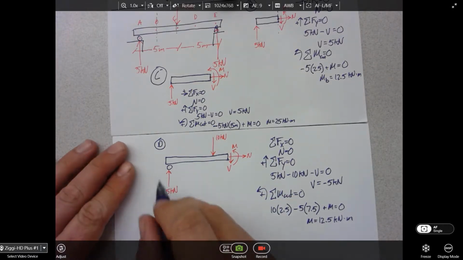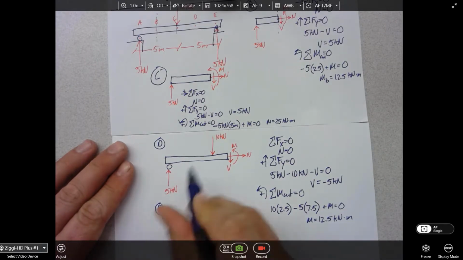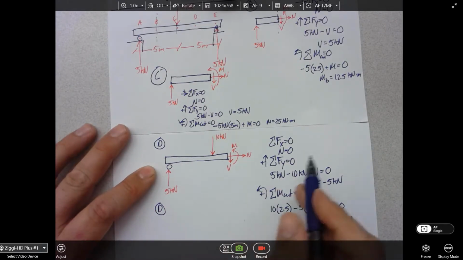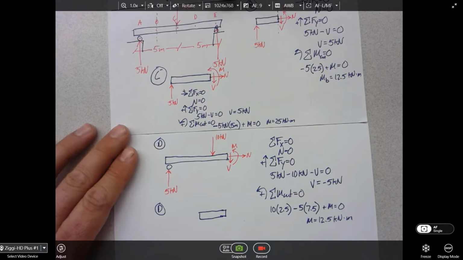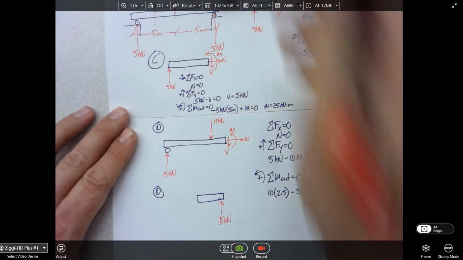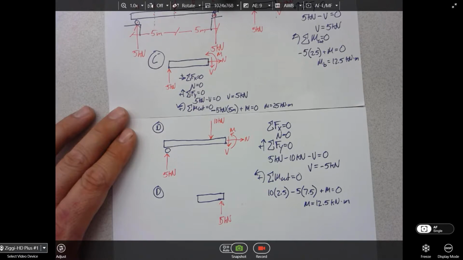So let's do the same point D, but instead of looking at the left-hand cut, let's look at the right-hand cut. So now my free body diagram looks like this. What do I do on this cut face?